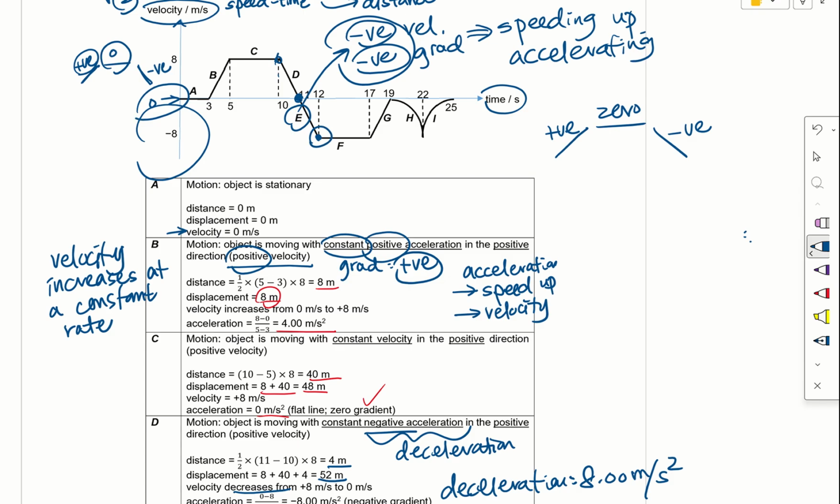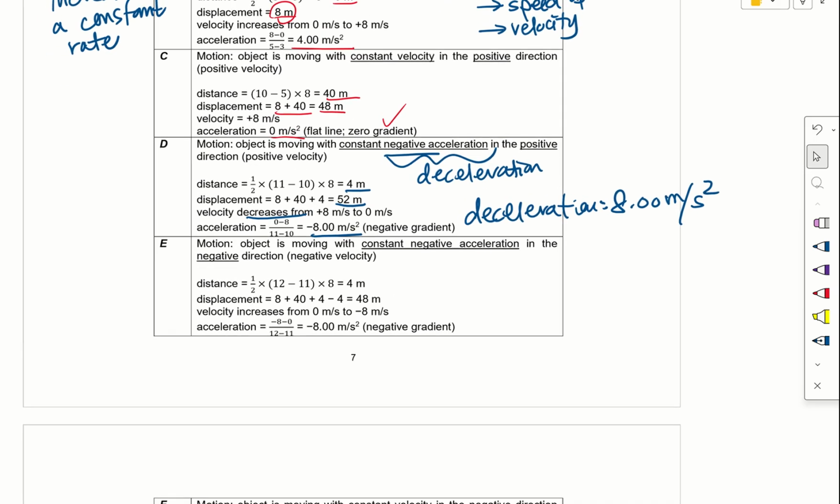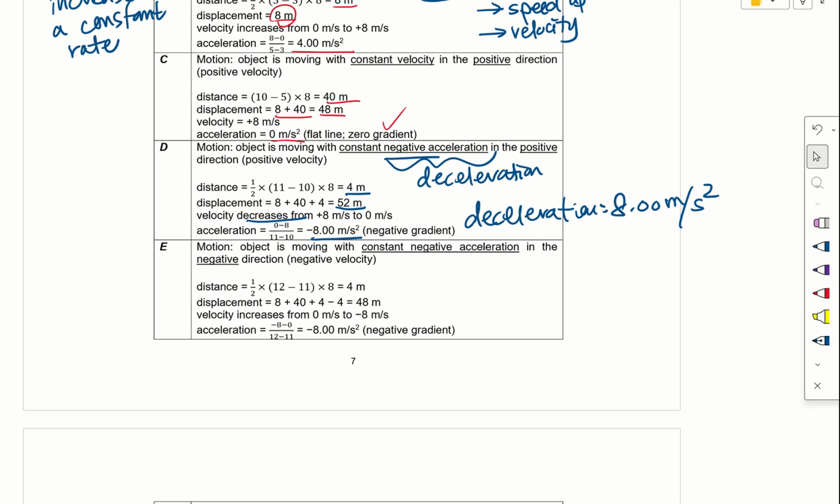This negative, again, I must stress, doesn't mean that it's not good. Positive doesn't mean it's good. It just tells us the direction. If we look at the numbers, it went from 0 to 8, although in the negative direction, it is speeding up. It is accelerating, but now it's accelerating in the opposite direction, towards the left, if we choose positive to be right. So the object is moving with constant negative acceleration in the negative direction.